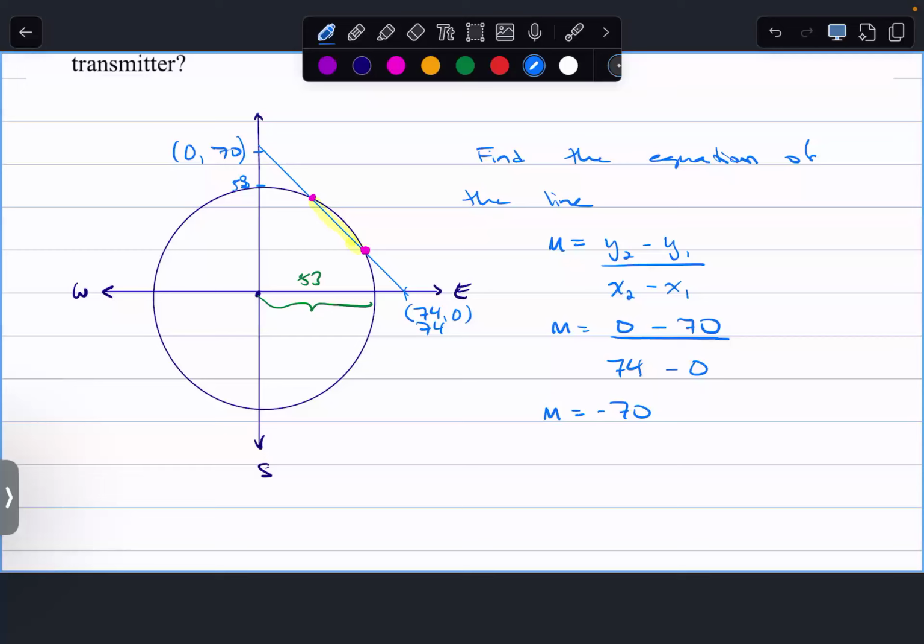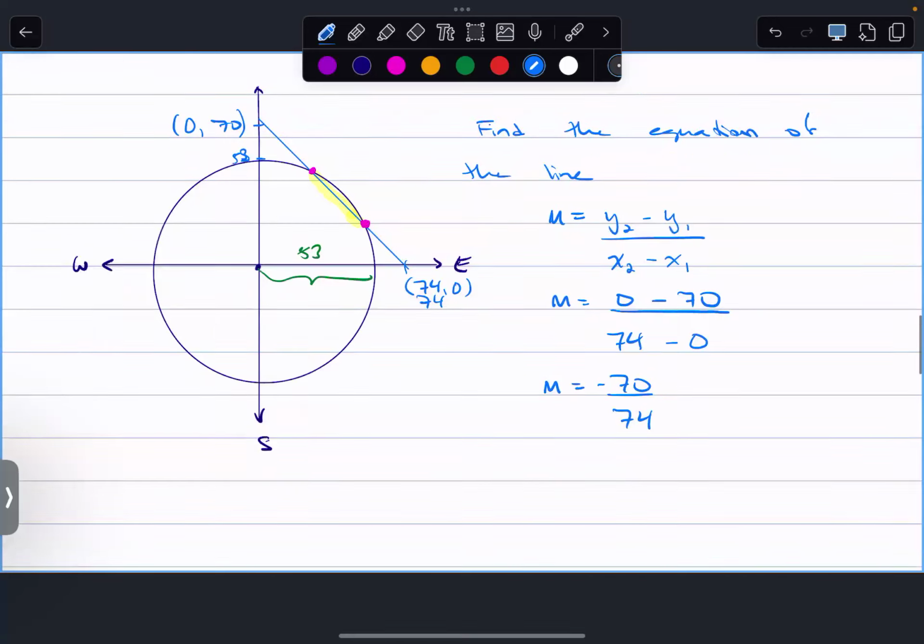So the slope is negative 70 over 74. Yuck. Negative 0.9459459. Ugh. Let's use a rounded value just to imitate a nice slope.